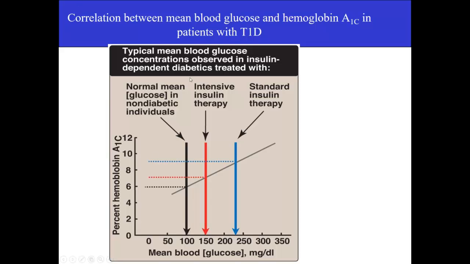This is showing the normal blood glucose in a non-diabetic individual. So it should be here, about 100. And this is with the patient taking the standard therapy, so it's 1 or 2 insulin injections per day. Just to give you an idea that it is still above normal. And this is with the intensive therapy, so it's usually given for patients inside hospitals because it's very dangerous.